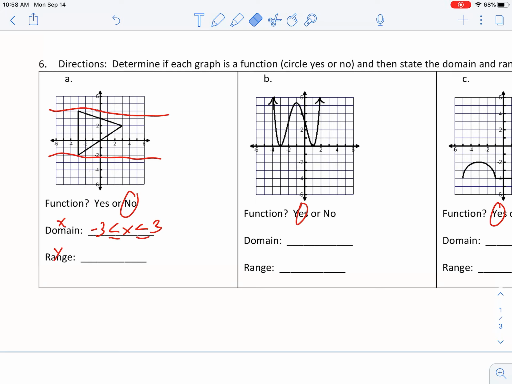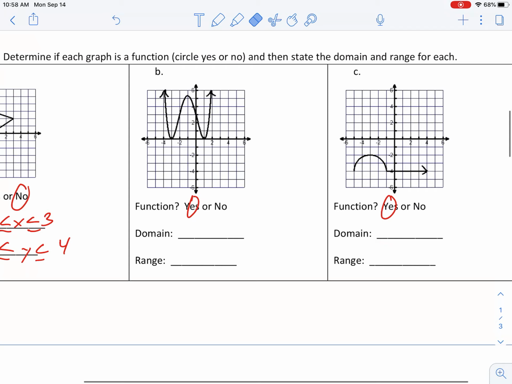My graph does not have any arrows going down or going up. So the range is from -2 all the way up to 4. And because of that, from -2 to 4 like that, they have equals underneath because down here it's a solid point, here it's a solid point, they're not open.